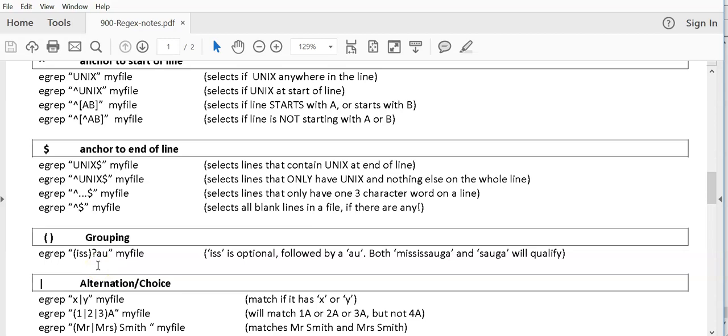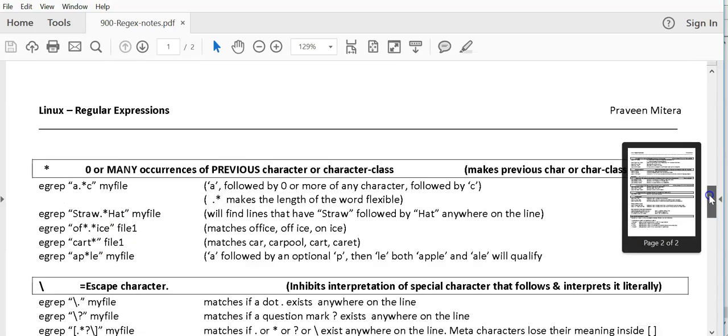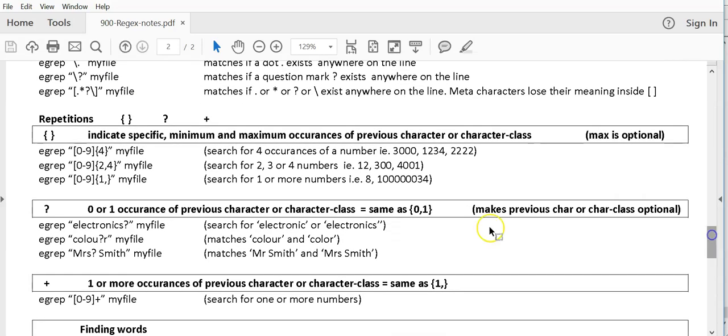purpose. And a question mark, which I was going to cover, I guess, a little bit later, but let me talk about it now. A question mark is another special character, and what it does is it says 0 or 1 occurrence of the previous character or character class.